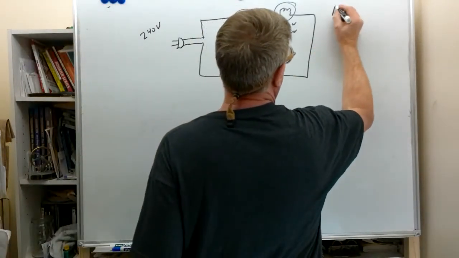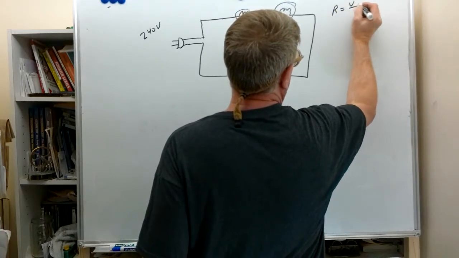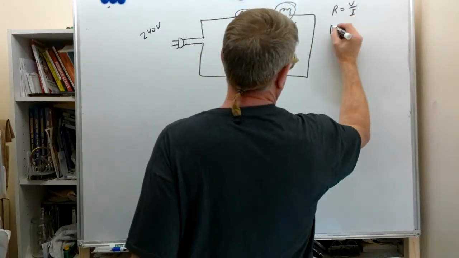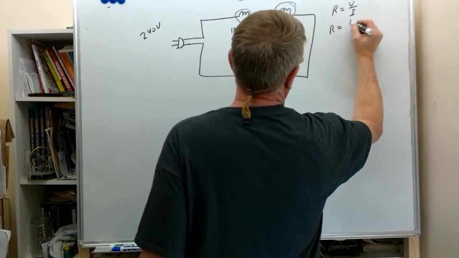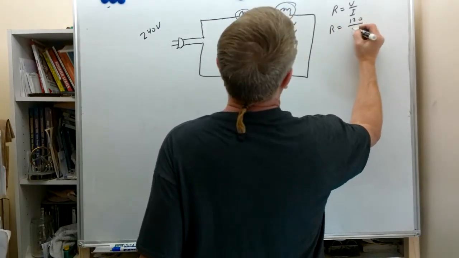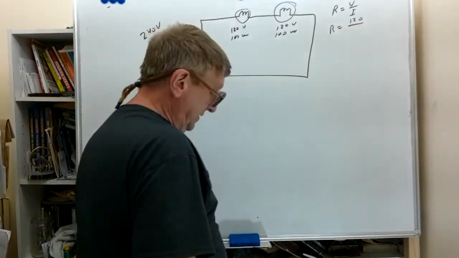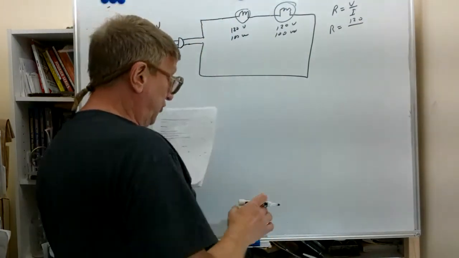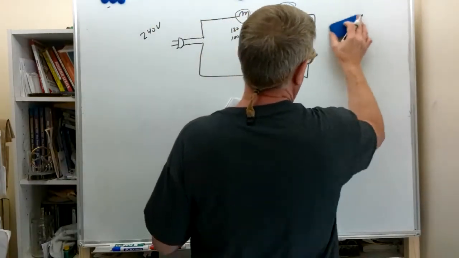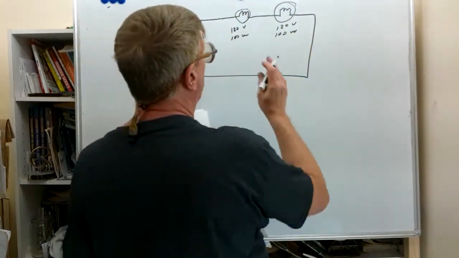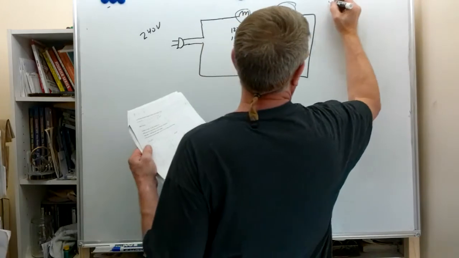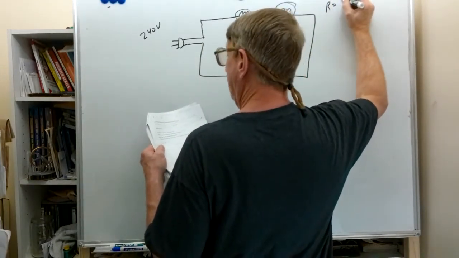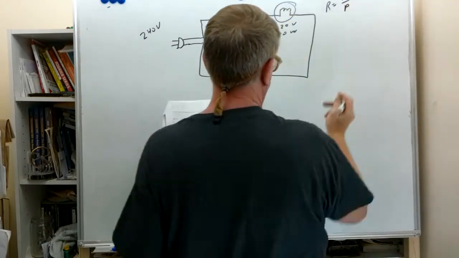We know that resistance equals voltage over current. No, that's not the correct formula. Excuse me. We're going to use one of our power formulas because we're given power and voltage: power equals voltage squared divided by resistance.